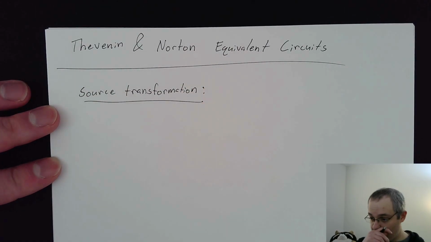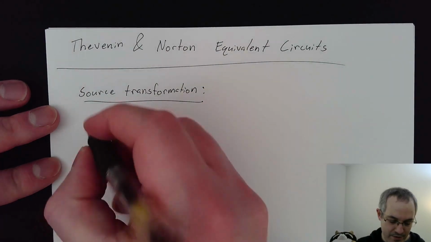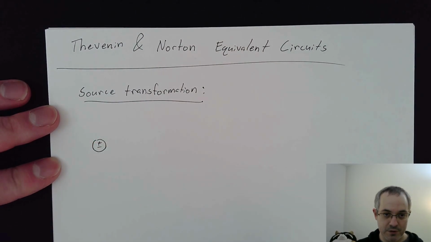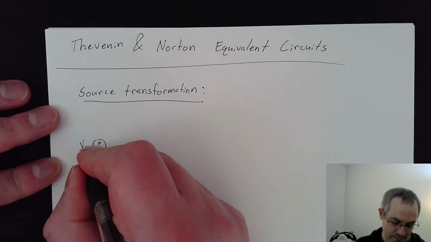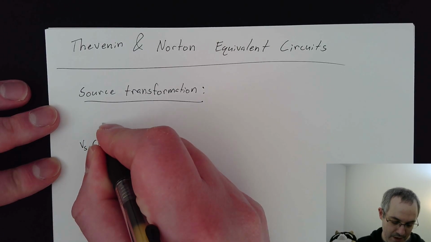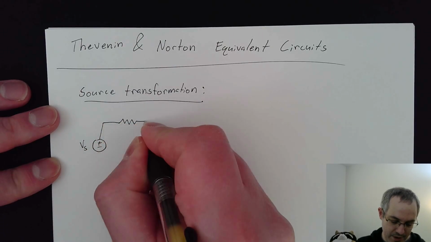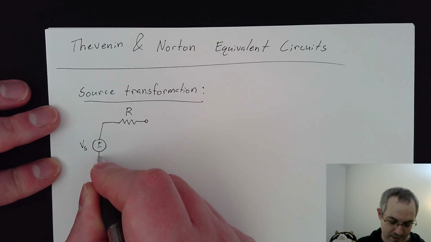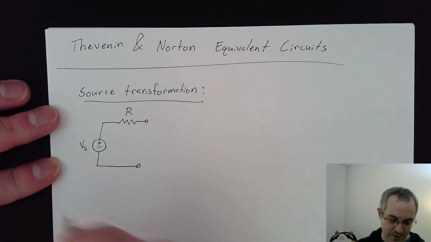And all that says is that you can go from a voltage source, Vs, in series with a resistor R, put a little end cap on that, just to signify that it could go on.